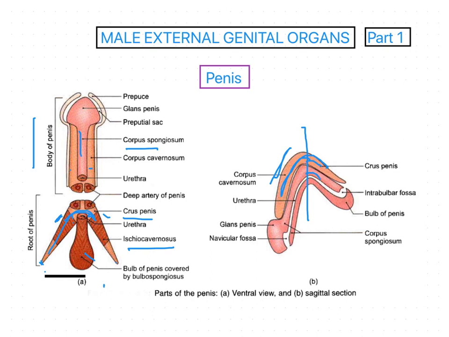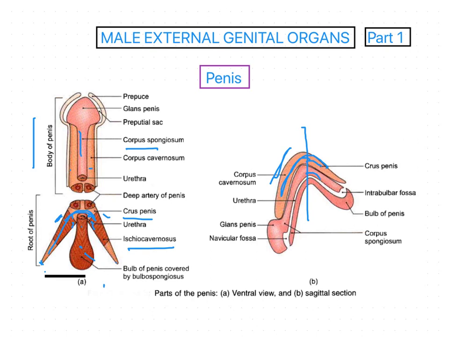The bulb is covered by another perineal muscle called bulbospongiosus, and it is ovoid in form.